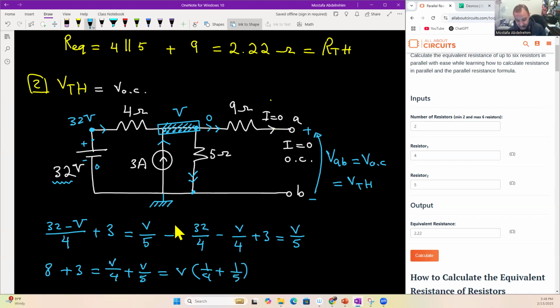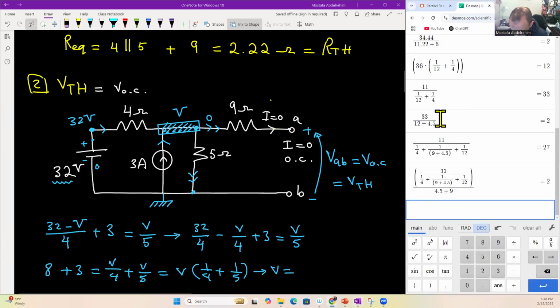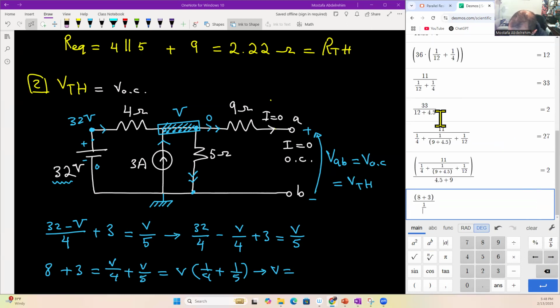So I can find V now. Let's use our calculator, the Desmos online calculator. We have 8 plus 3, all divided by 1 over 4 plus 1 over 5. Very powerful calculator. We get V equal to 24.44 volt, but that is not V Thevenin.